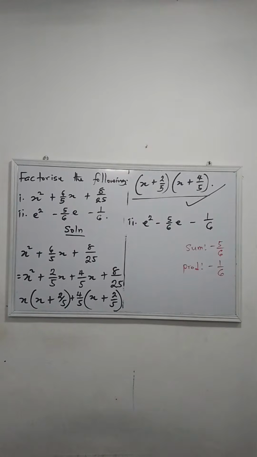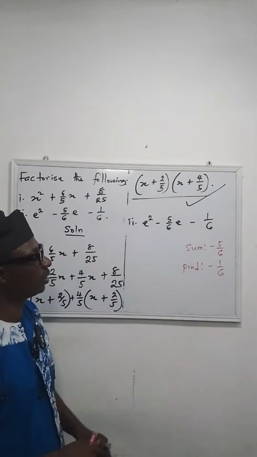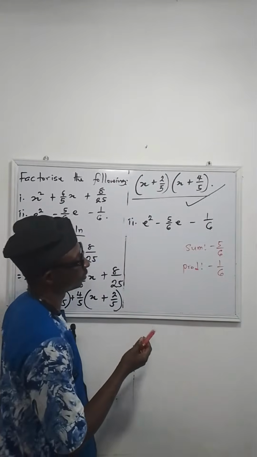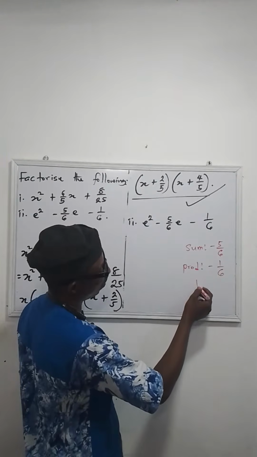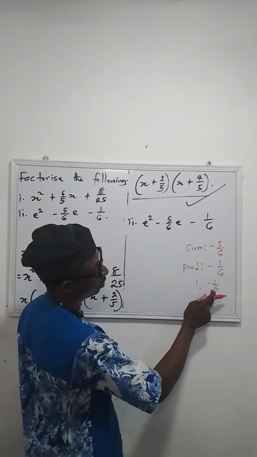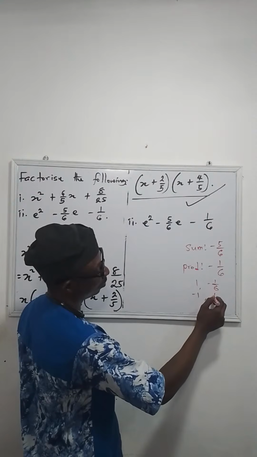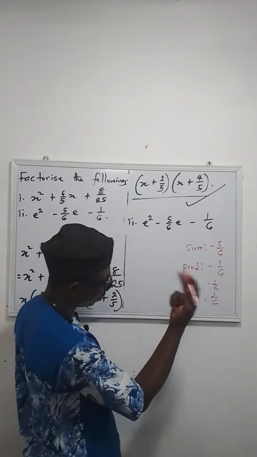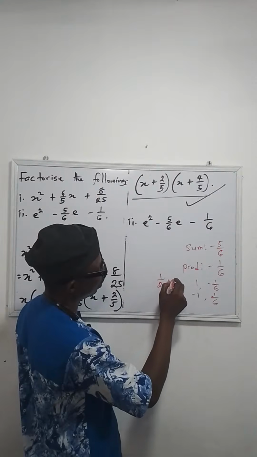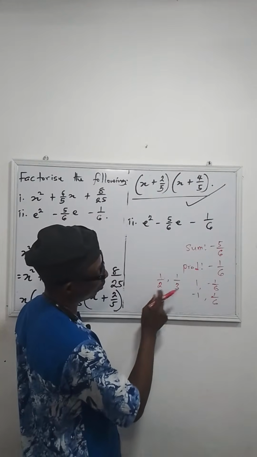All right, so now let's look at it. Looking at the product, if I must have this product, I have to look at it that either I have 1 and -6, or I have -1 and -1/6, or maybe 1/2 and 1/3 thereabout.